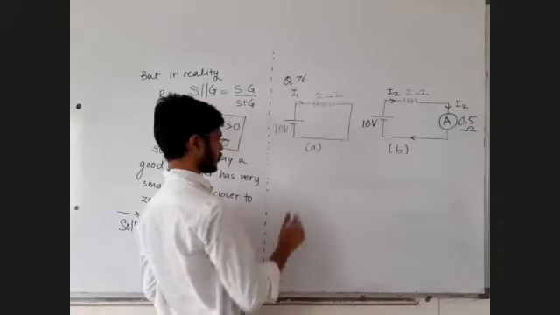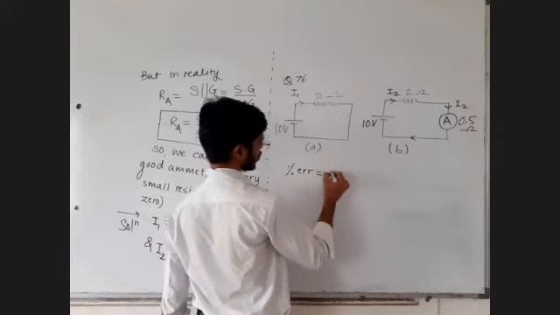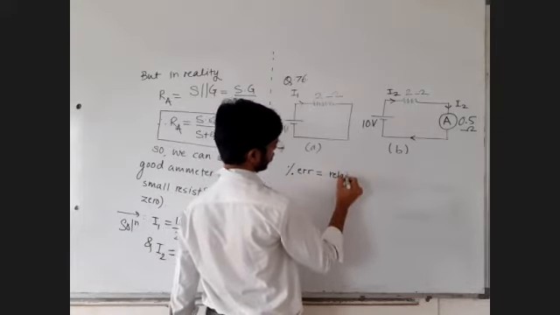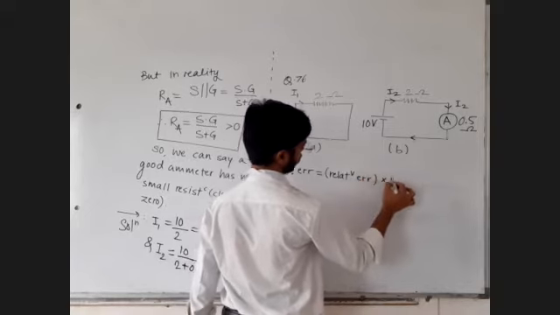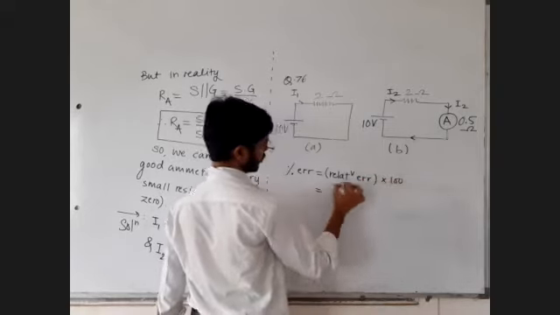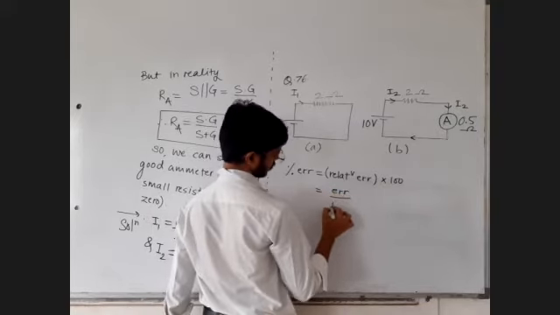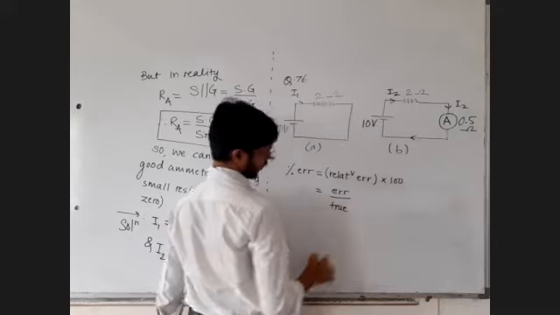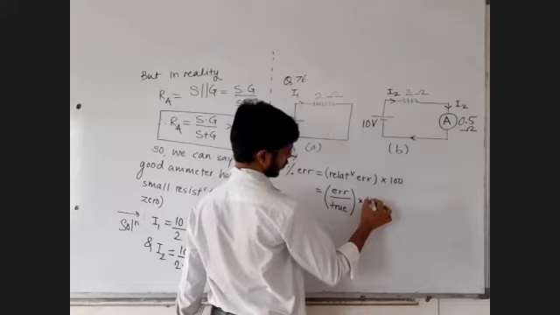So write down: percentage error is equal to relative error into 100. Relative error is error upon true value or original value, into 100.